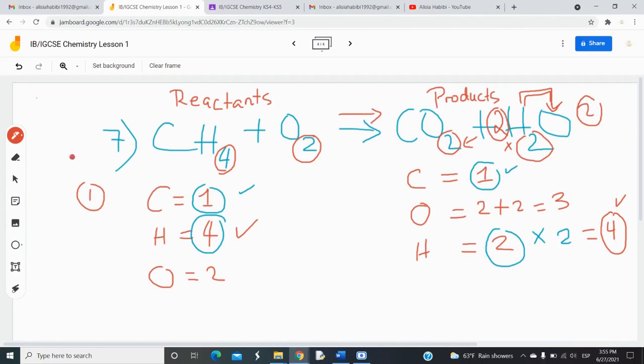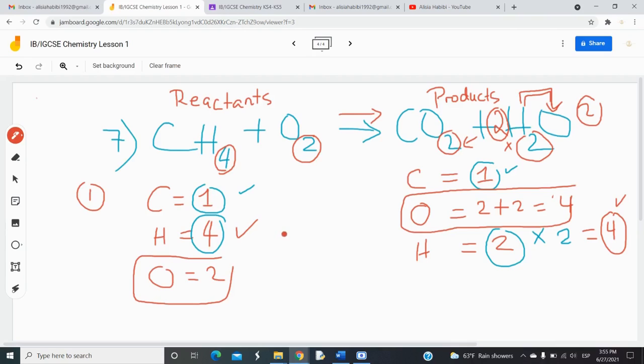And so the total number of atoms for oxygen on the product side is now equal to 4. So that's great. It's 4 here now, but the problem is on the reactant side, the number of oxygen atoms still remains as 2. So we consider again, what can we do to these 2 atoms of oxygen on the reactant side so that it becomes 4?